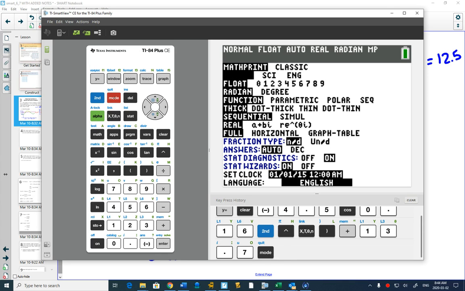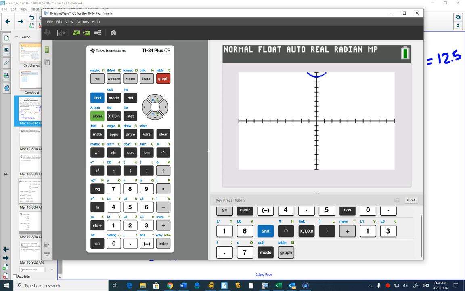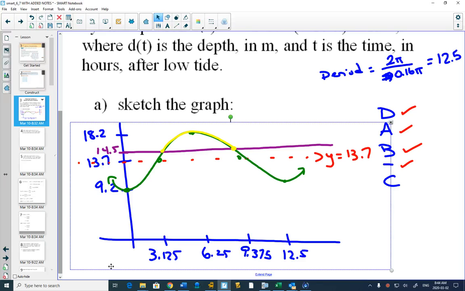Now, if you just hit graph right now, whoo, that's all you're probably going to see, unless your window is set up even differently. So what we need to do, in order to see this window, we need to set both our x-axis and our y-axis to match what we have here.